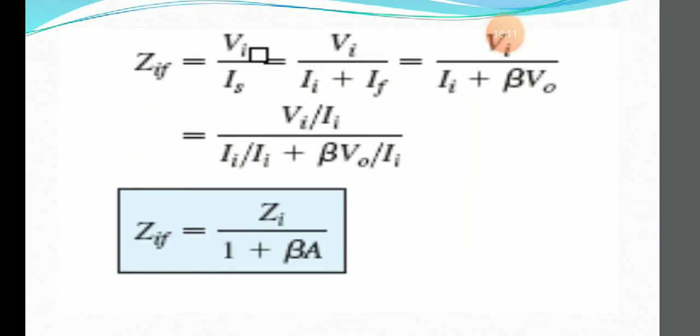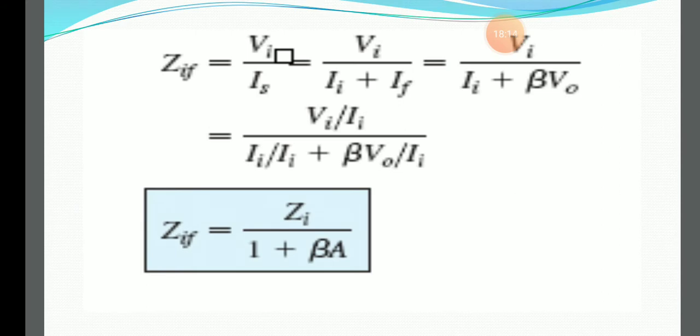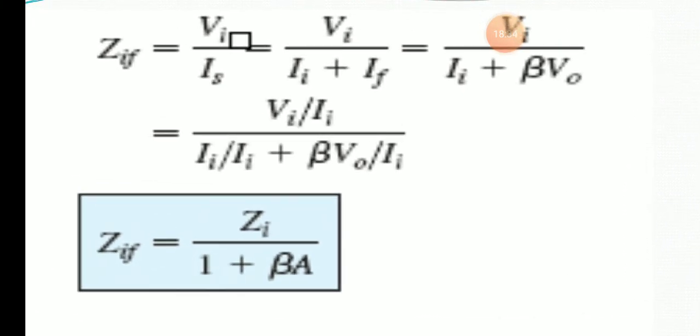Then we can calculate Zif, the input impedance related to the input current with feedback, that is input voltage by source current. We know that source current is the addition of the input current plus the feedback current. Feedback current is nothing but beta times V0.